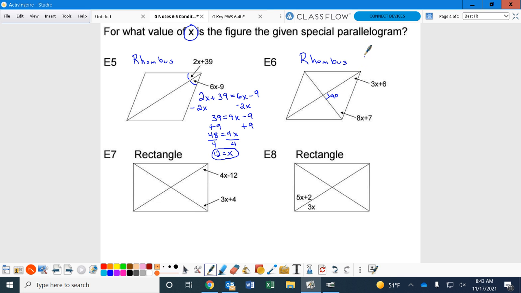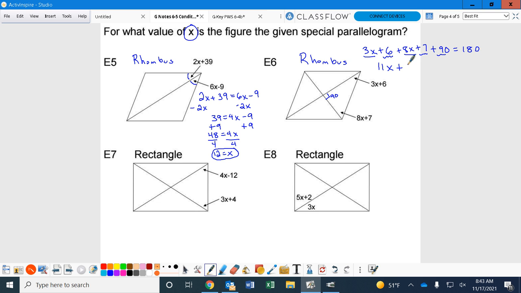180. So we do 3x plus 6 plus 8x plus 7 plus 90 equals 180. That's going to be 3x and 8x is 11x. 6, 7, and 90. Guys, add 6, 7, and 90.